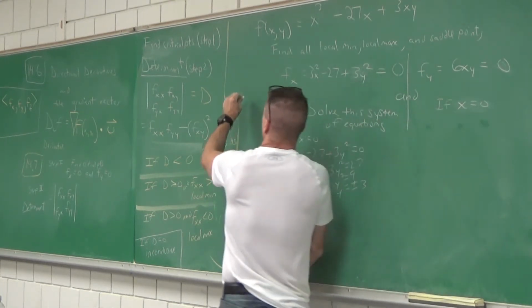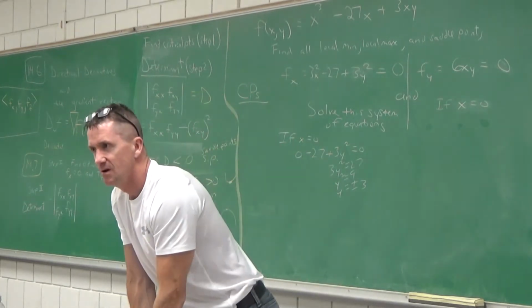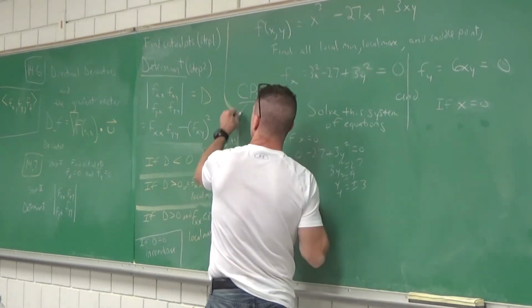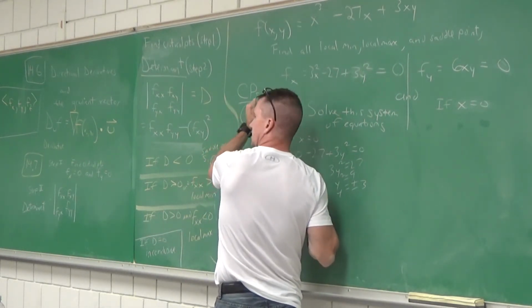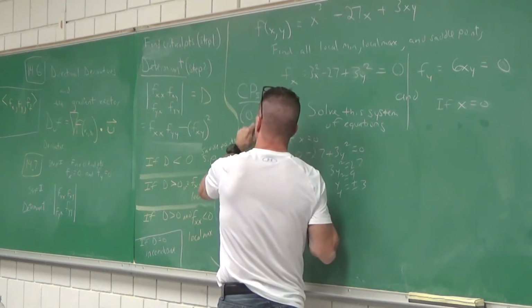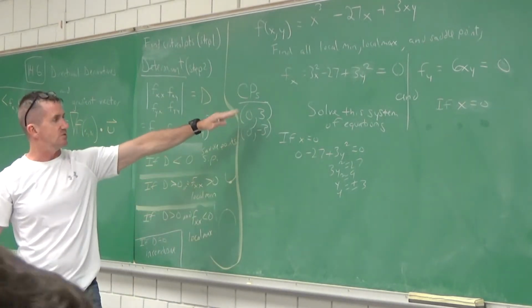So I'm going to get my list ready of the critical points. Looks like we got 2 already. x is 0 and y is 3. What's the other one? x is 0 and y is negative 3.